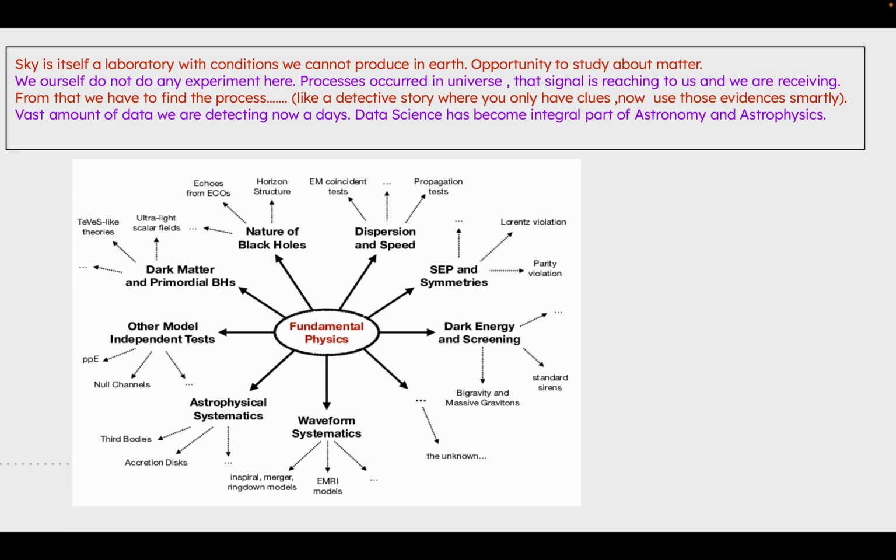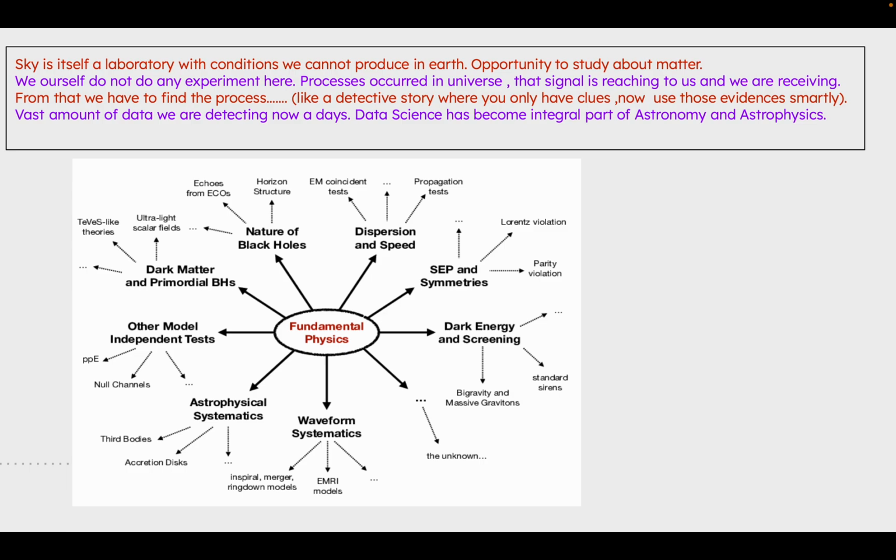In the sky there are objects which have temperatures of about 10 to the power 10 Kelvin, and also very low temperature objects. So this sky signal gives us the opportunity to study different states of matter.